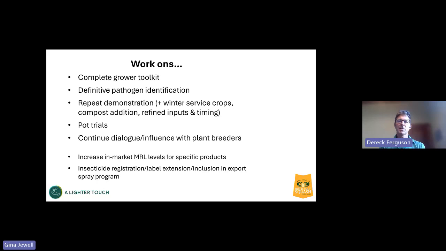Definitive pathogen identification: Mark has done a lot of work in the industry to now on identification of the soil-borne pathogens, but we need to be more specific, as he and John discussed, to be absolutely sure of which pathogens are pathogenic and which are not, particularly when you're talking about the fusariums, because you can identify it down to species level, but you need to know which strain beyond that to be sure of its pathogenicity, which ones are primary and secondary, and which ones are the strong pathogens and the weaker ones.